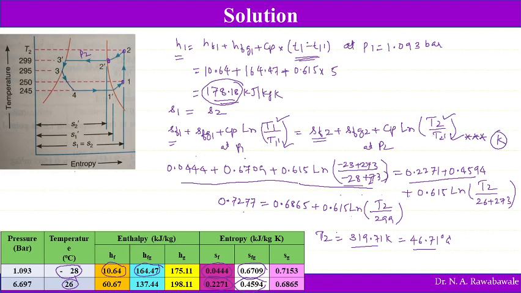But to find the enthalpy of superheated vapor, the temperature values can be substituted in degrees Celsius or in Kelvin, both in the same unit. This is the major thing that one has to take into account. So here we stop.